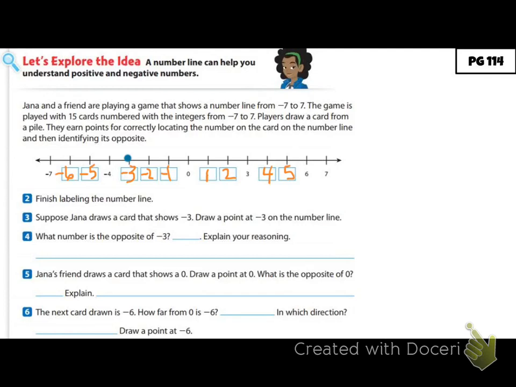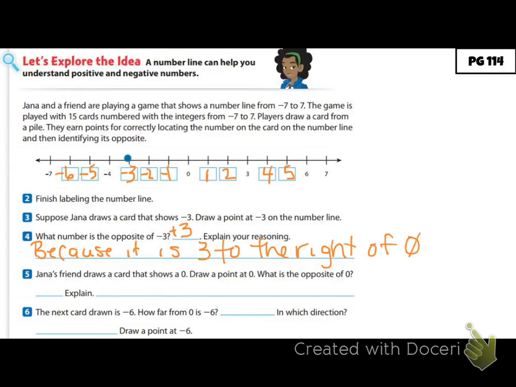It's the same distance from 0, but in the opposite direction. So, -3 would be 3 to the left, so 3 to the right would be a +3. And you can put the plus sign in front of it or not. So, explain our reasoning. Because it is 3 to the right of 0.